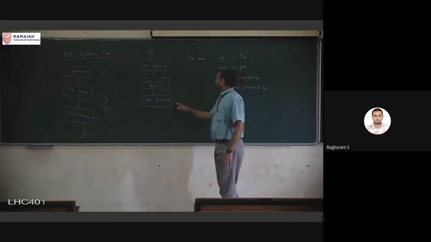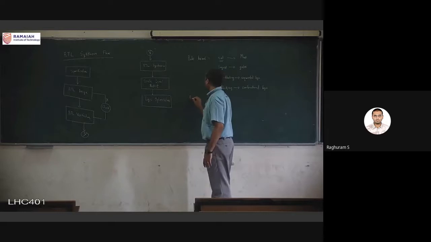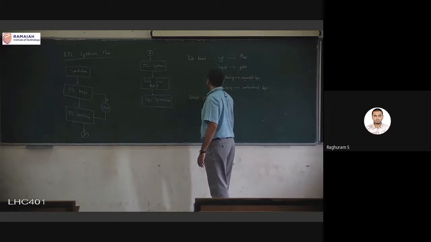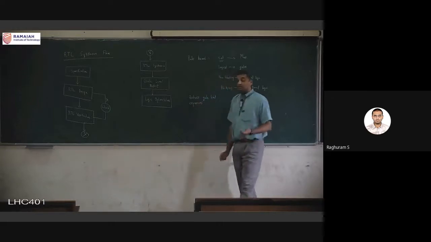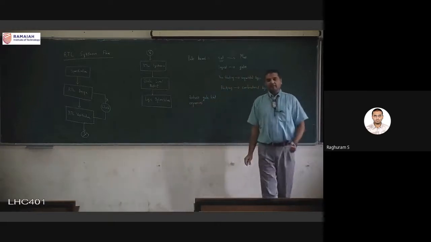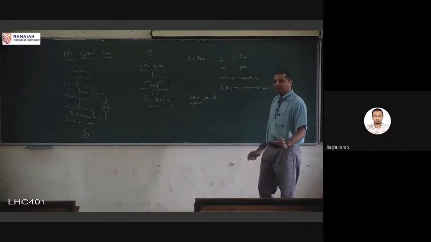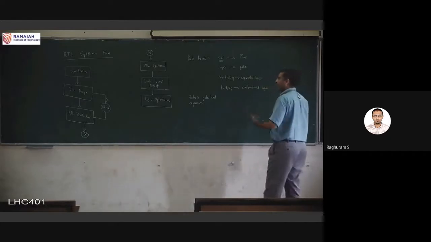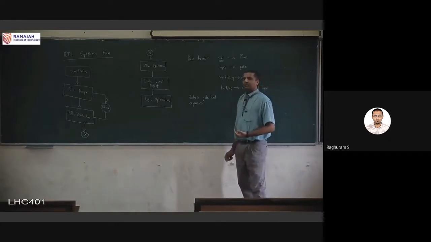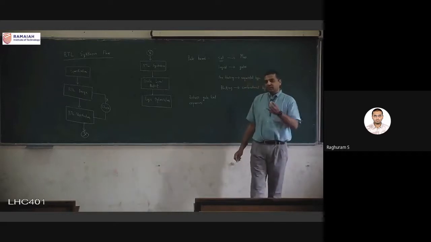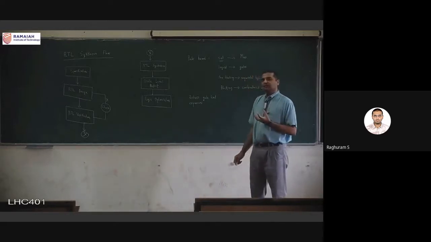But it reduces the gate level expressions. It doesn't transform the code, okay? It's from gate level to gate level only. But what it does is, it reduces the gate level description.